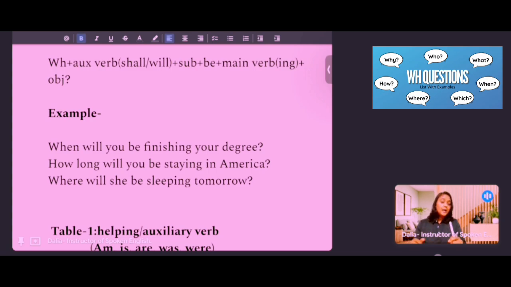And of course, if the subject is I or we, we can use shall or will both. But if the subject is you, second person, third person singular, or any kind of plural, then we always have to use will. We cannot use shall there. Okay, clear? So I'm pretty sure that you all have really understood very well.